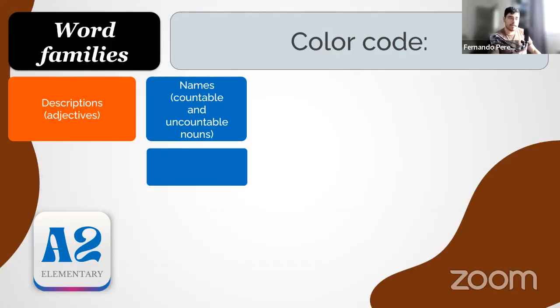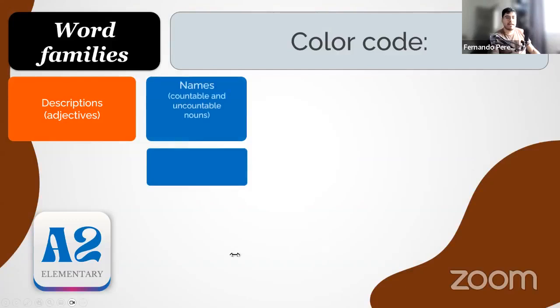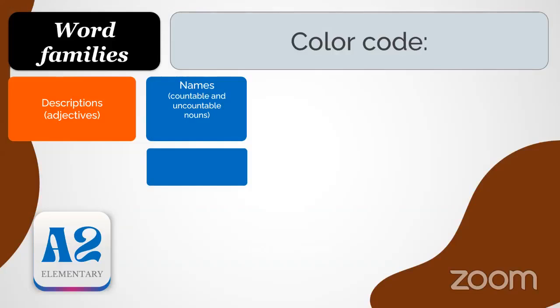When I talk about names, I talk about everything that has a name. For example, what is the name of this? Pen. Pen is a countable noun because you can say one pen, two pens, three pens, etc. Make sense? Okay.